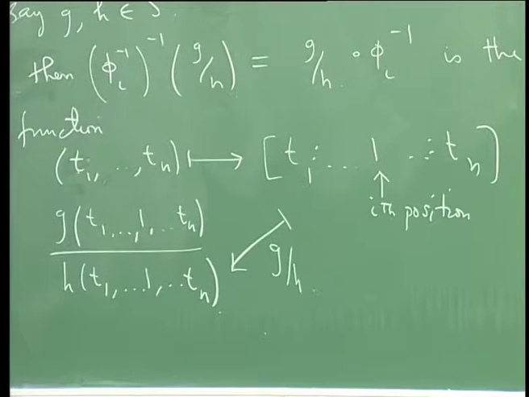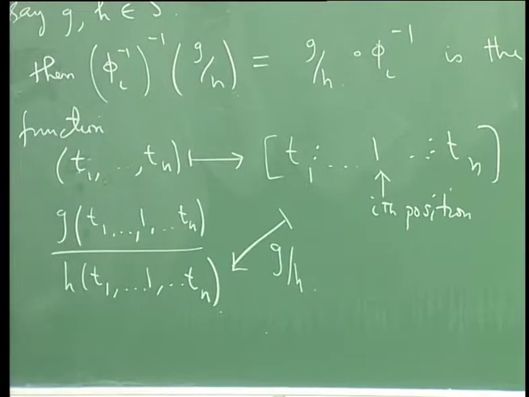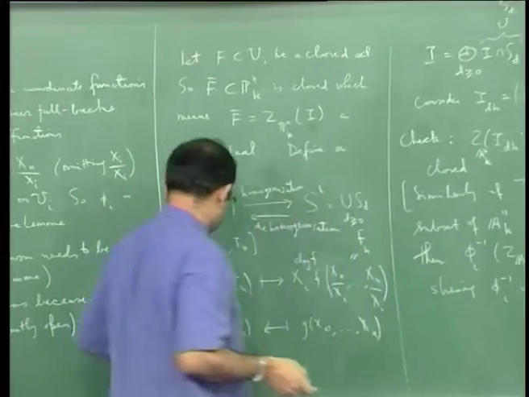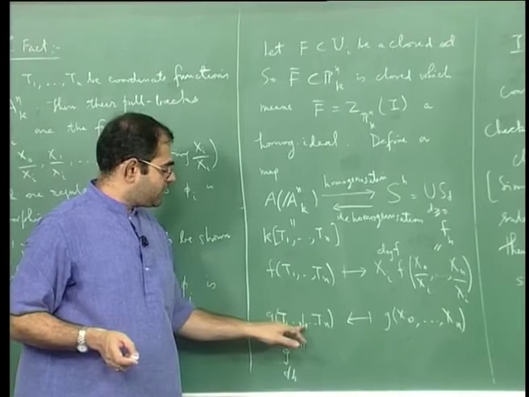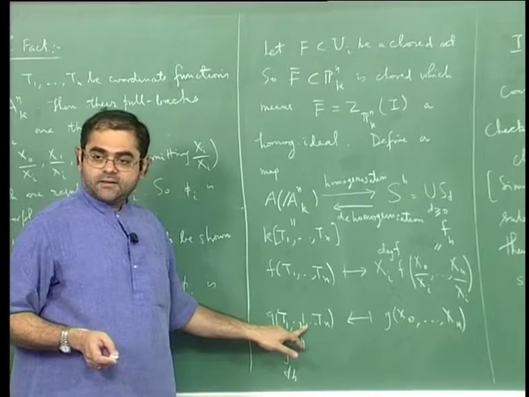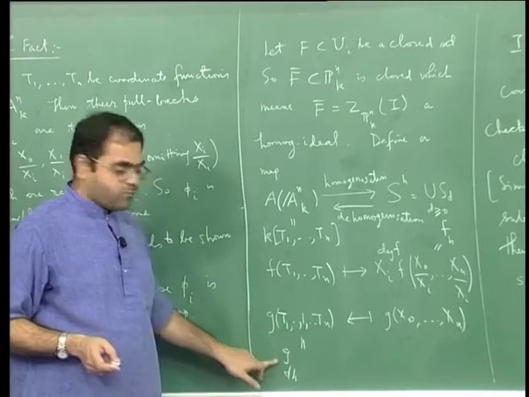But g of t1, etc., tn with 1 in the ith position is the dehomogenization of g.